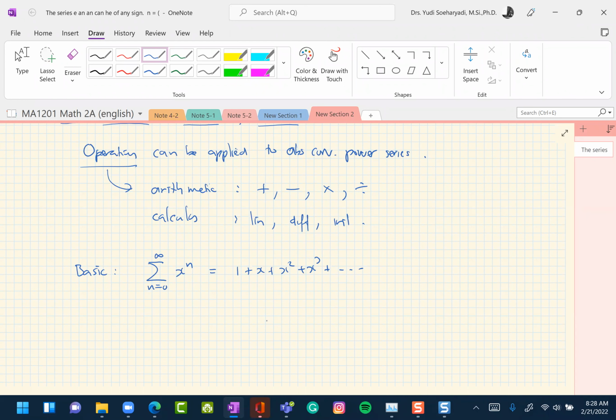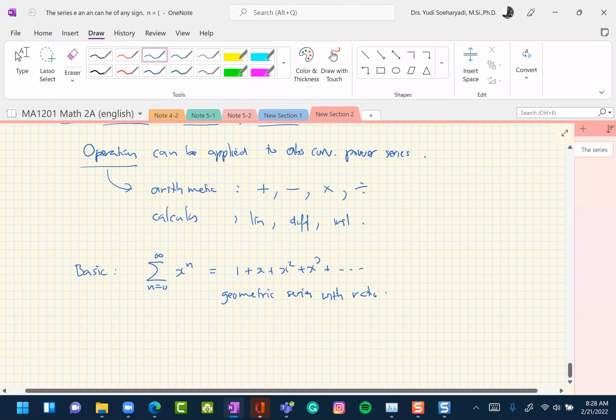You recognize this series. Of course, this is a power series, but what else can you say about this series? Is it a geometric series, sir? Geometric. Now this is a geometric series, with what we call the ratio, right? Ratio x.